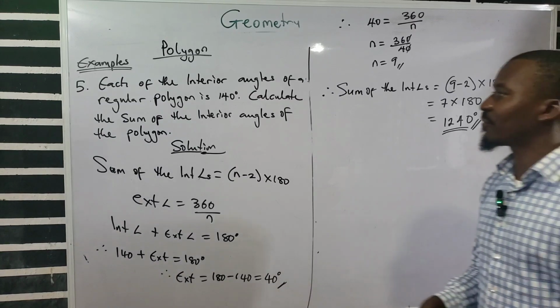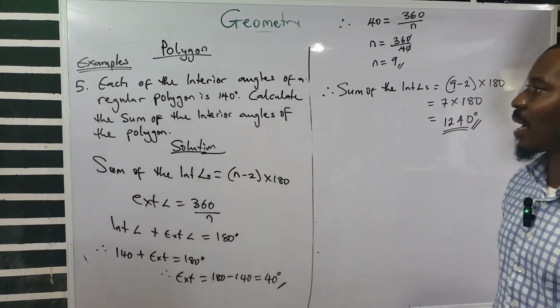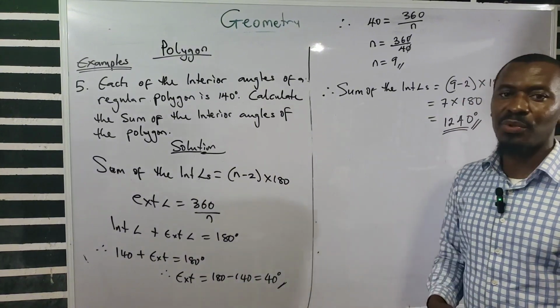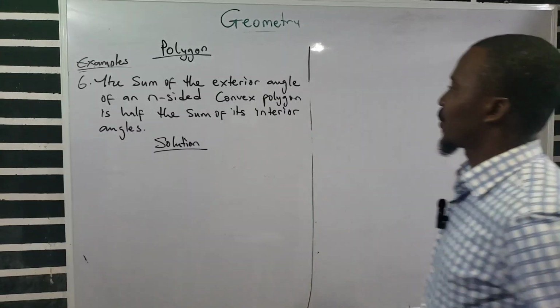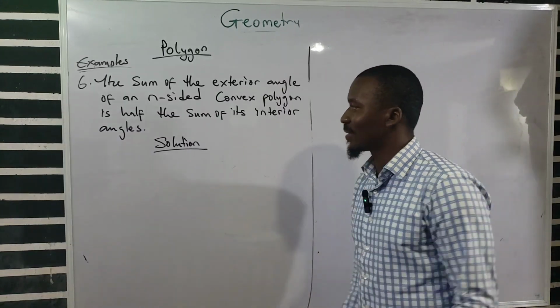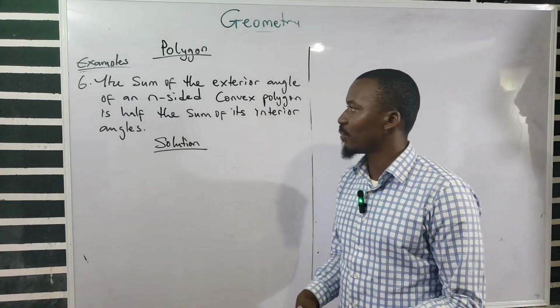Okay, so let's solve one more question or two and see how we can learn from those examples. I think this question requires a little understanding before you can solve it.